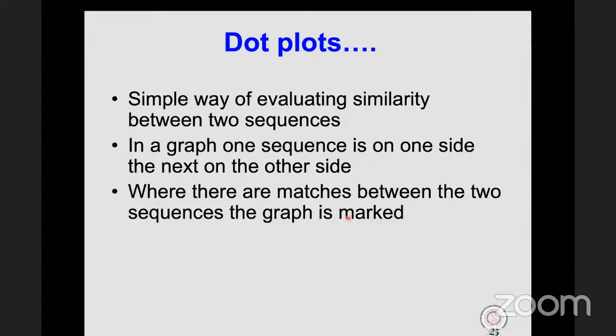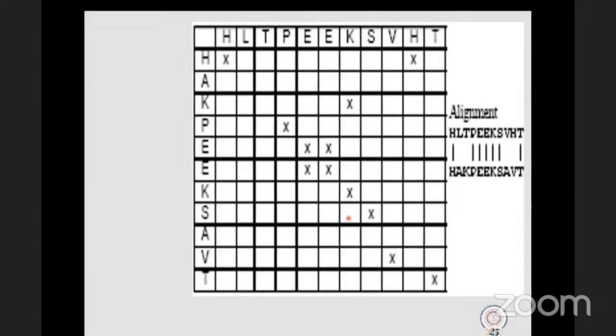Before the discovery of the BLAST algorithm, people used dot plots to make this alignment and perform evolutionary analysis. In this example, say this is an alignment of a protein: HLTPEEEKSVHT and HAKSPEEKSVAT. I want to align these two sequences, so they make a dot plot.